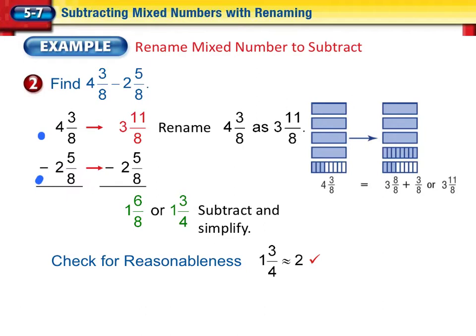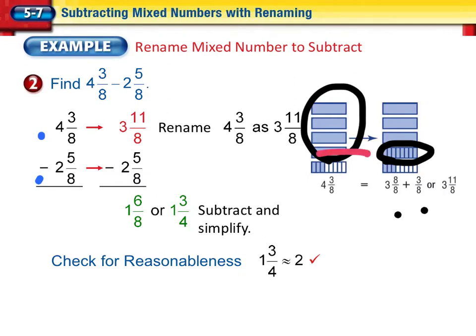We have 4 wholes. When we break another one of those into 8s, we borrow those 8s. So now we had the original 3/8, and we're going to add the 8/8 that we converted from this bar. So now we have a total of 11/8. Now let's rewrite that so that we can do some subtraction.